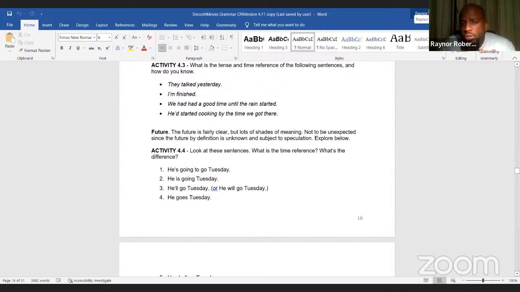For me, he's going to go Tuesday sounds like one of two things. Somebody's advocating for him, right? His lawyer, his mama, his wife, his best friend, right?